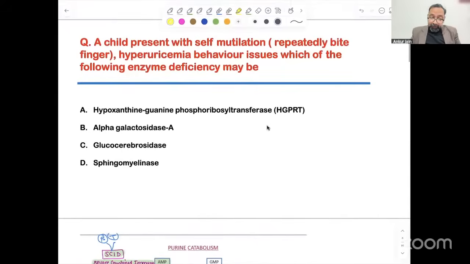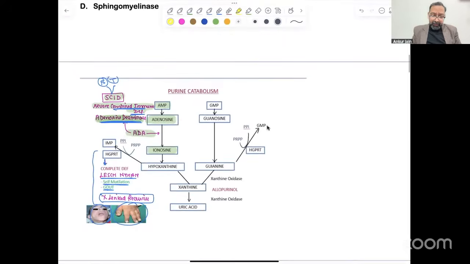Second question: a child presents with self-mutilation, repeatedly bites fingers, hyperuricemia, behavior issues. Which of the following enzyme deficiency may be? We have already discussed that: HGPRT, Lesch-Nyhan syndrome, X-linked recessive. So X-linked, self-mutilation, gout.